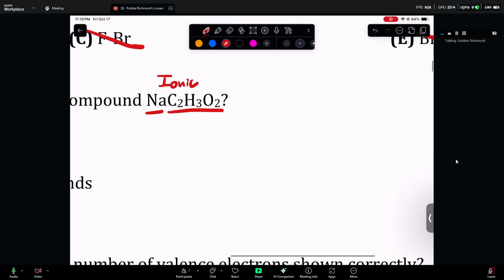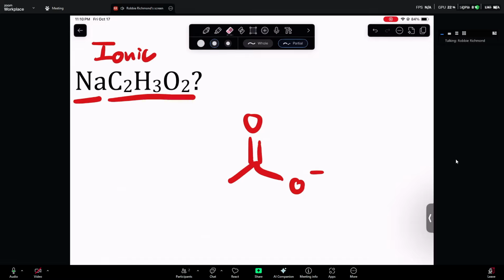But if we actually look at the polyatomic ion of acetate, it looks something like this. Do we see these kind of bonds here? These are carbons, by the way. Yeah, these are polar covalent bonds.